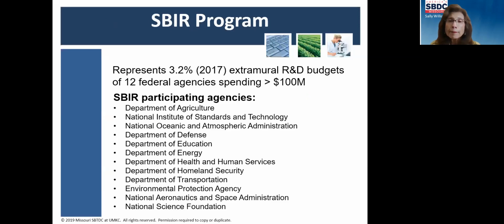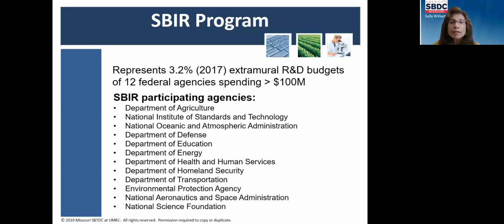So the SBIR program represents 3.2% of the R&D budgets of the 12 agencies that have the largest R&D budgets in the federal government.